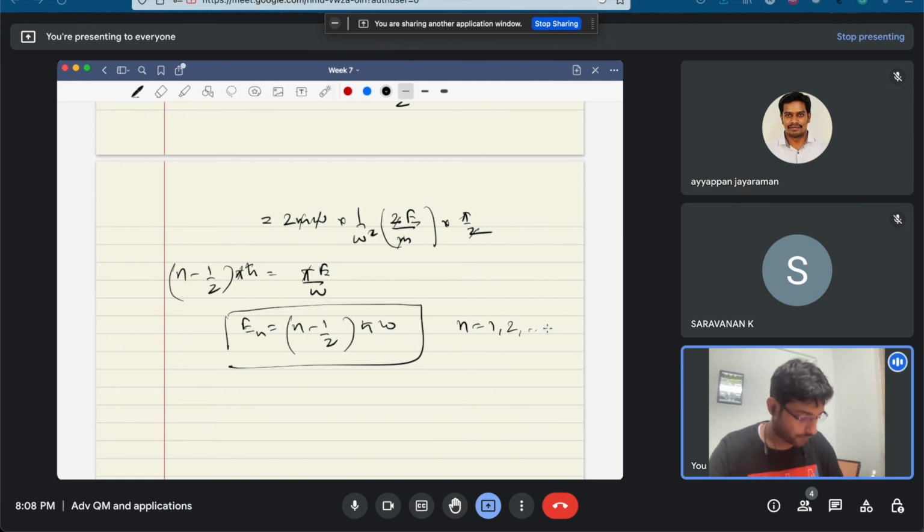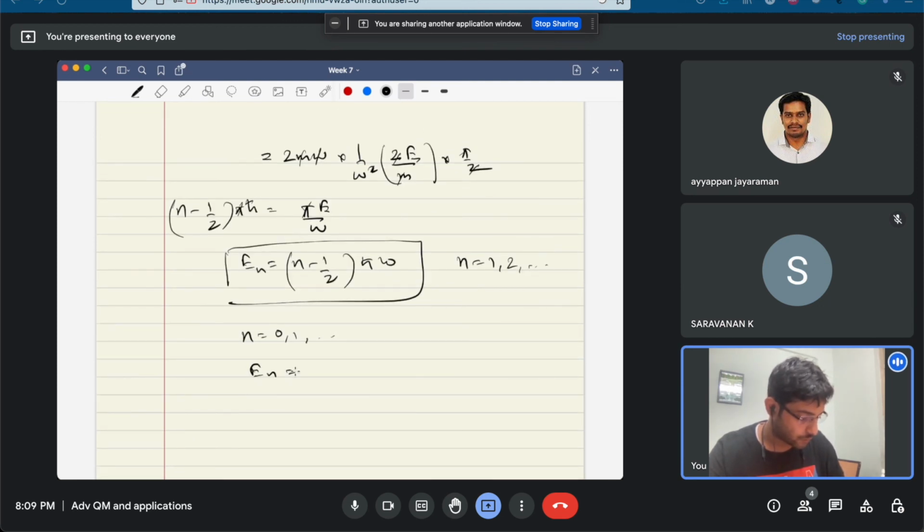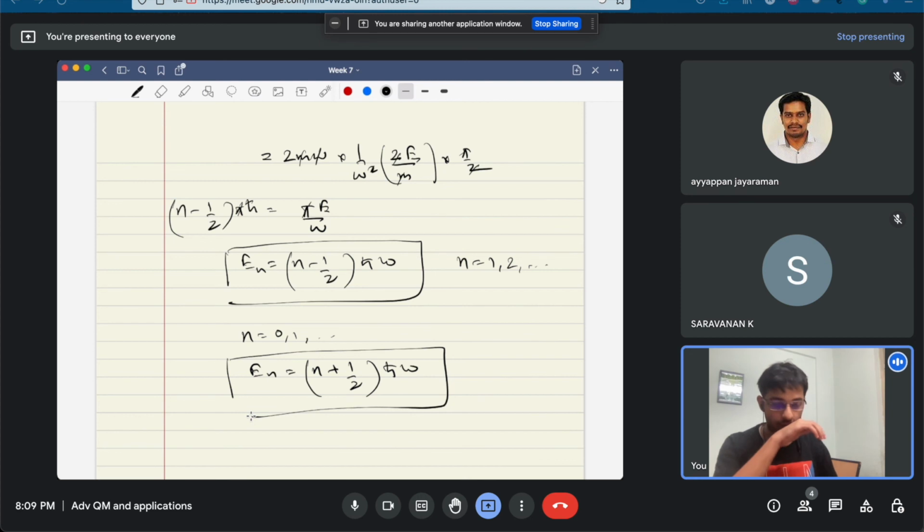If you change n to start from 0 instead of 1, it becomes E_n = (n plus half) h bar omega, which you are already familiar with from the other way of solving it.